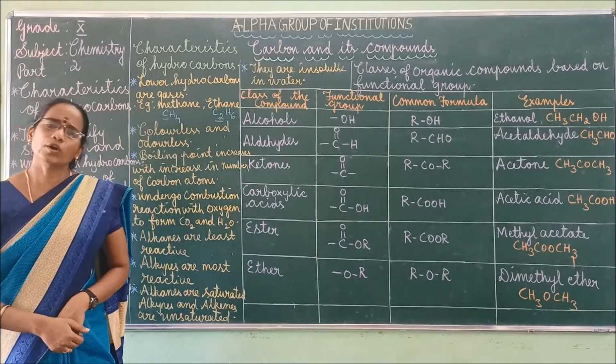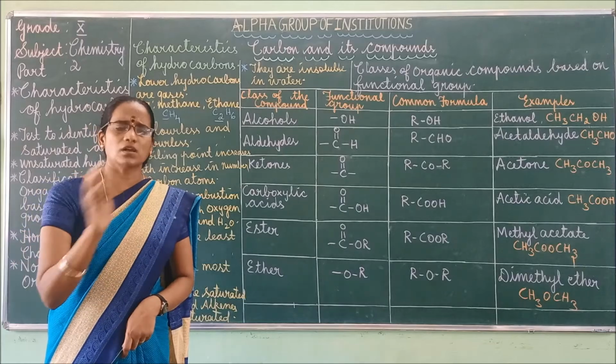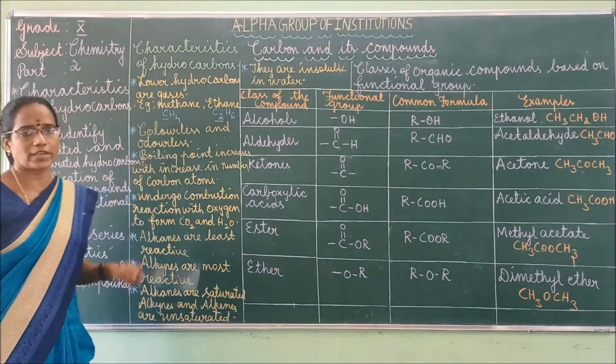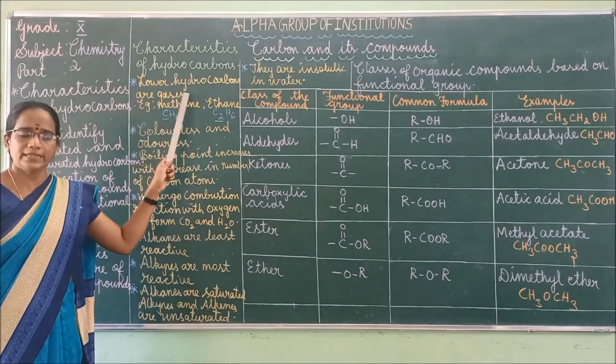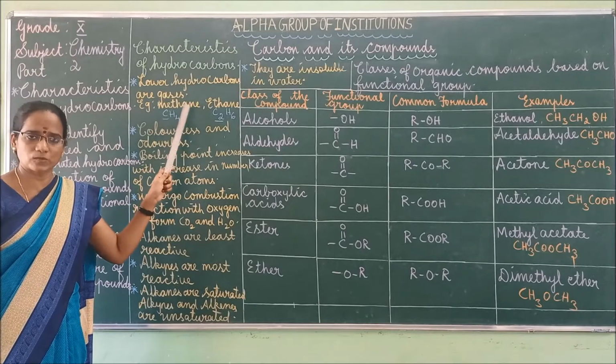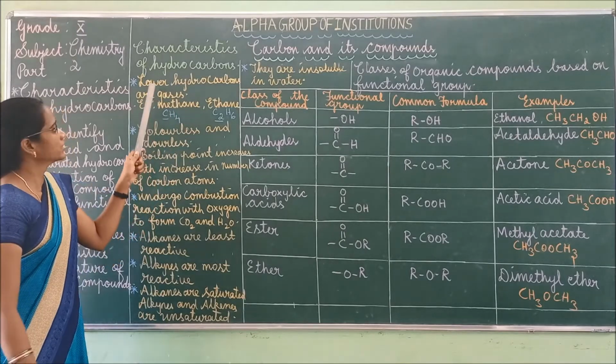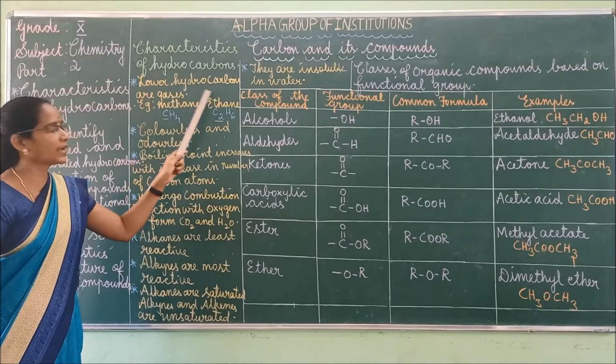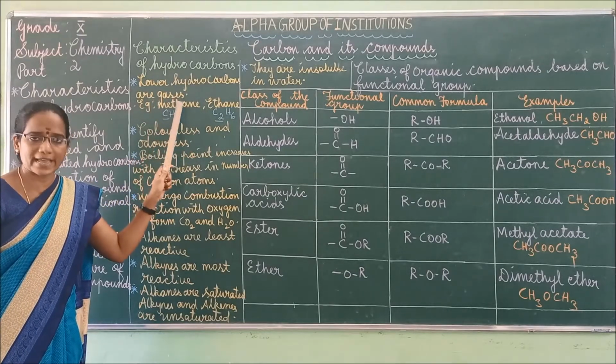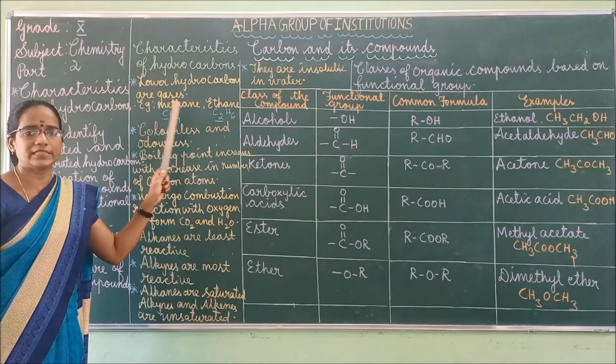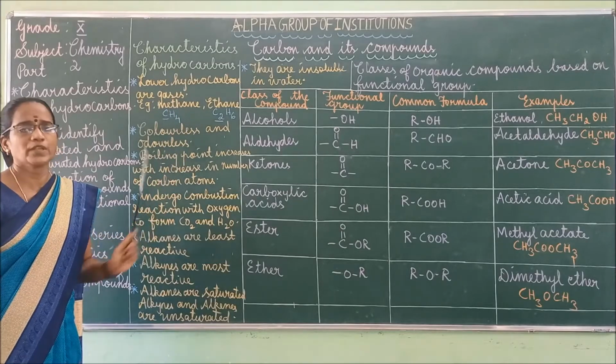Lower hydrocarbons are all gases. For example, methane and ethane are gases only. What is the first point? The first point is lower hydrocarbons are gases. Example, methane, ethane. Right children?